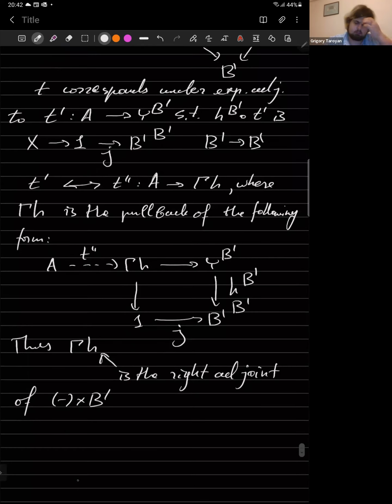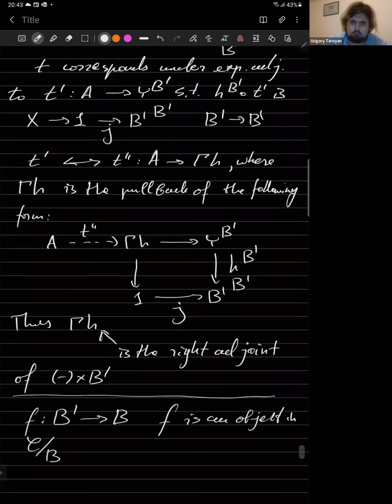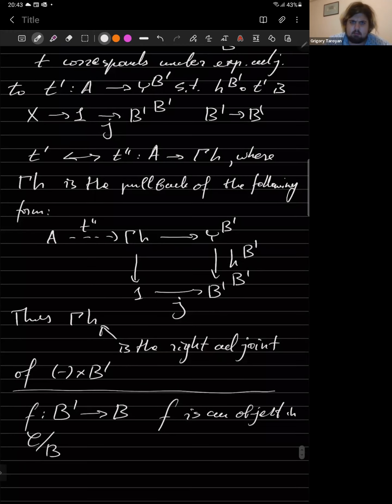In the general case, we can reduce ourselves to this absolute case where we have B as a terminal object. So assume that we have now an arbitrary arrow F from B prime to B. F is an object in the slice category C over B. And an object over F is just the following commutative square.